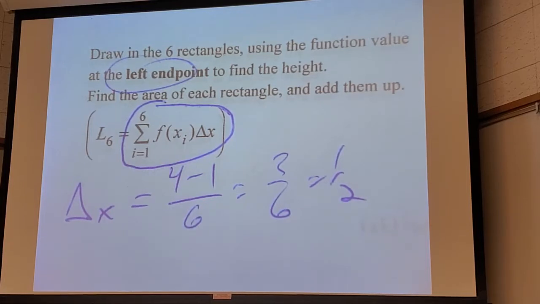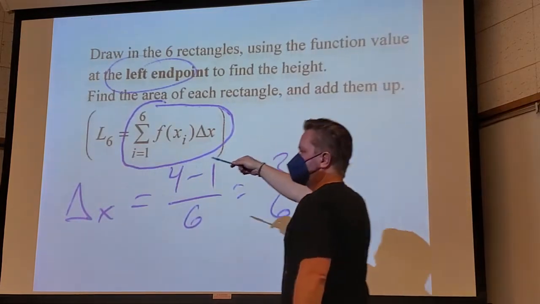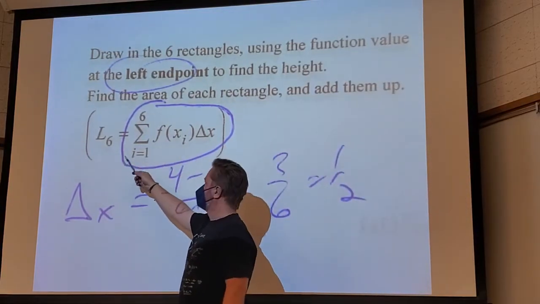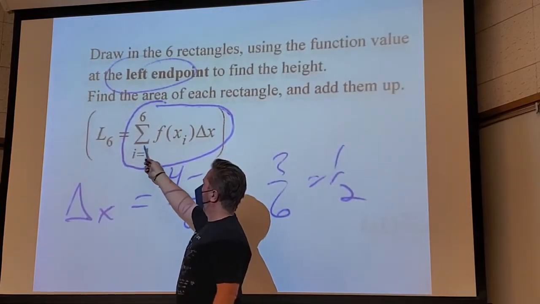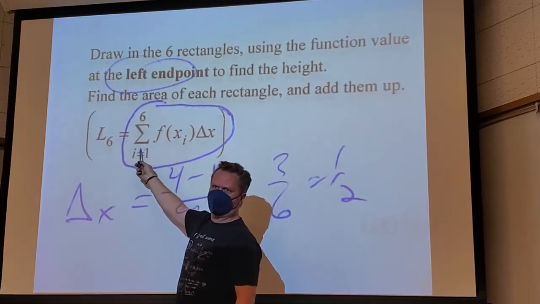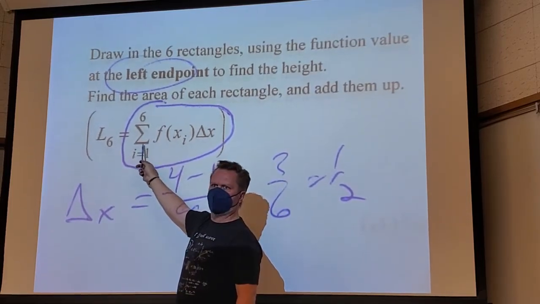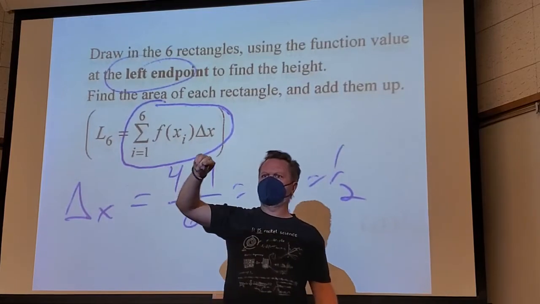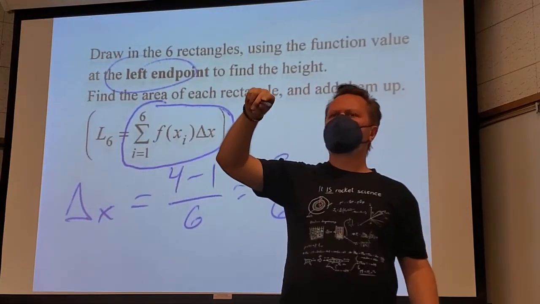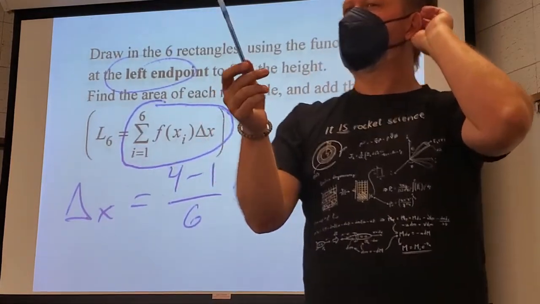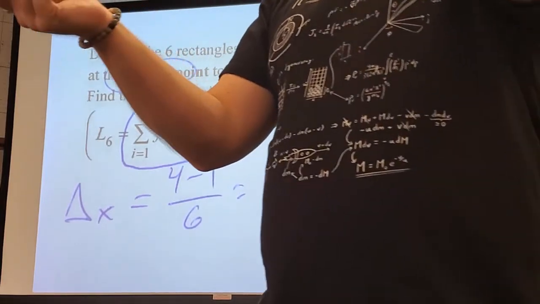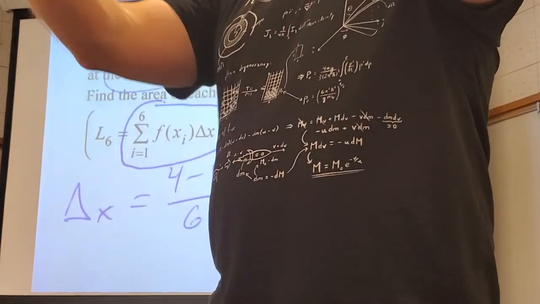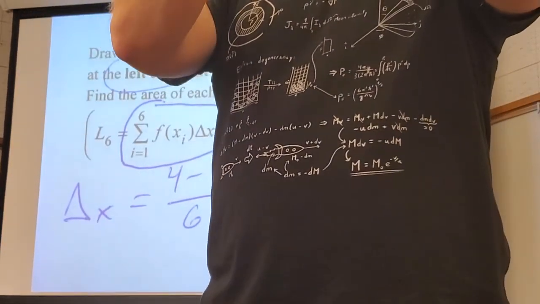Delta x, we've seen that already. L6 just means the left endpoint with 6 rectangles, right? Has anybody ever seen this notation? Where have you seen it before? Pre-calc maybe? Okay. Programming class.